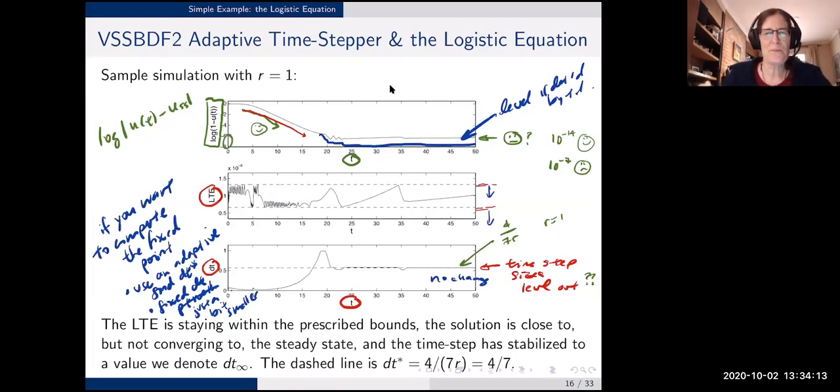And so this is why it is always staying on the razor's edge, because it's taking its time steps as large as it can because of the lower bound on the local truncation error. But then if it takes its time steps too large, the system becomes unstable and the upper bound on the local truncation error kicks in and it takes its time steps small again. And so if you zoom in on this, you see that it's always flirting with that horizontal line.